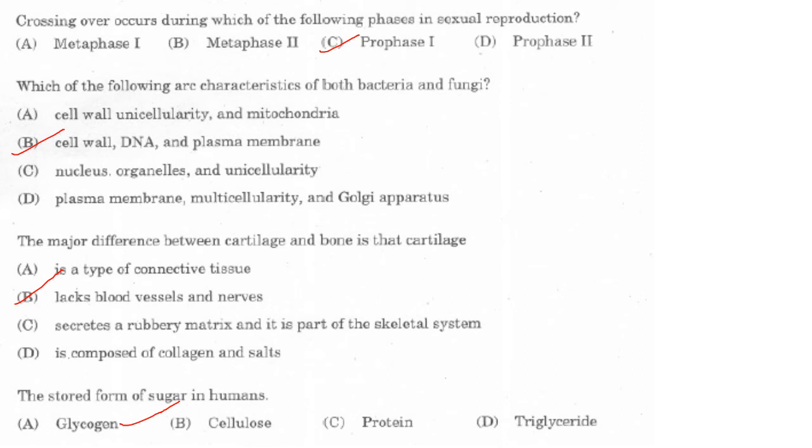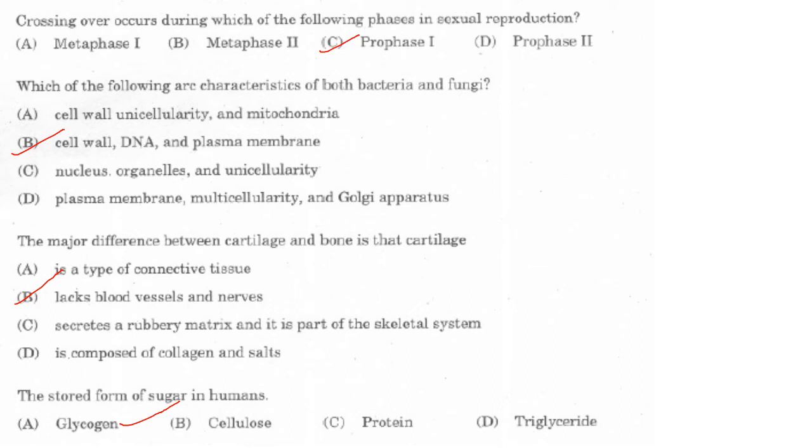Then if you see option C, they have got nucleus, organelles and unicellularity. All three are not correct. Nucleus and organelles are not present in bacteria, whereas in fungus it is present. Then plasma membrane, that is present in both bacteria and fungi, but multicellularity is not there in bacteria but is present in fungi. Then Golgi apparatus also is present in fungi, not in bacteria. So answer is option B.